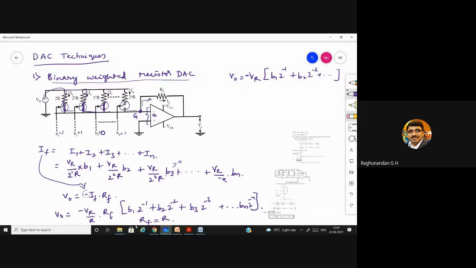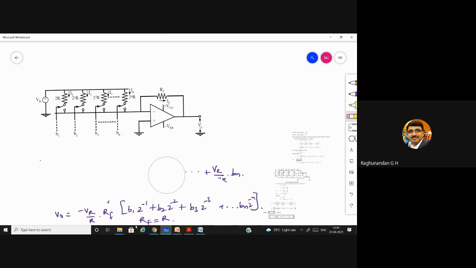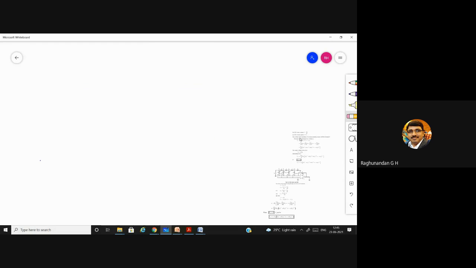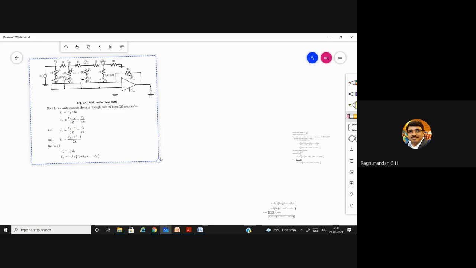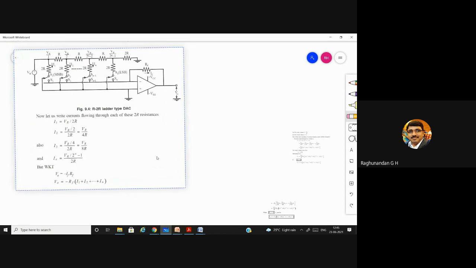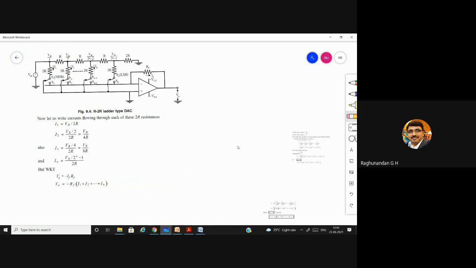So in order to overcome these problems, we go for the R-2R ladder type. So next is the R-2R ladder.